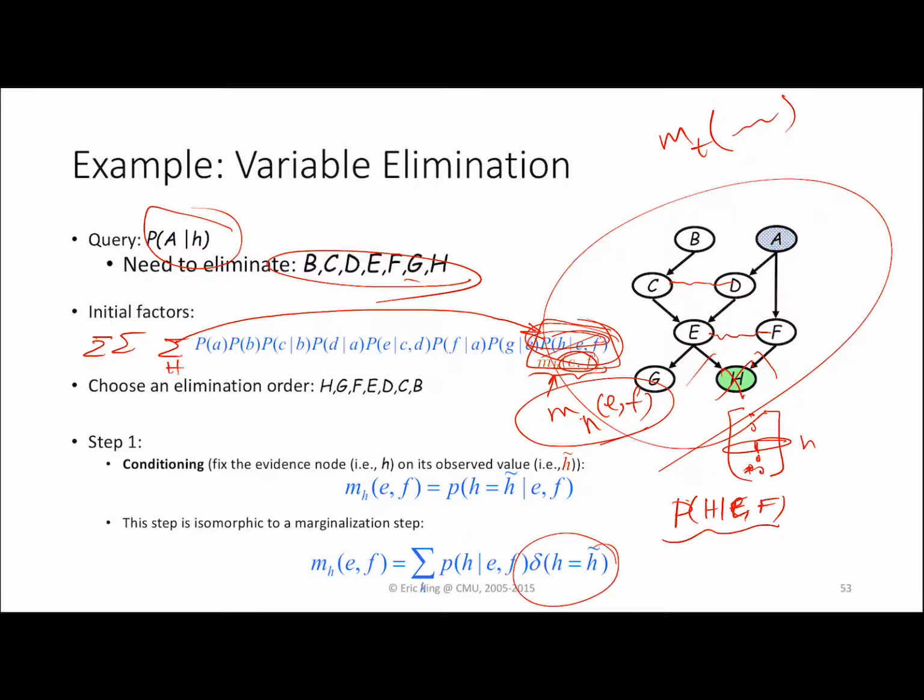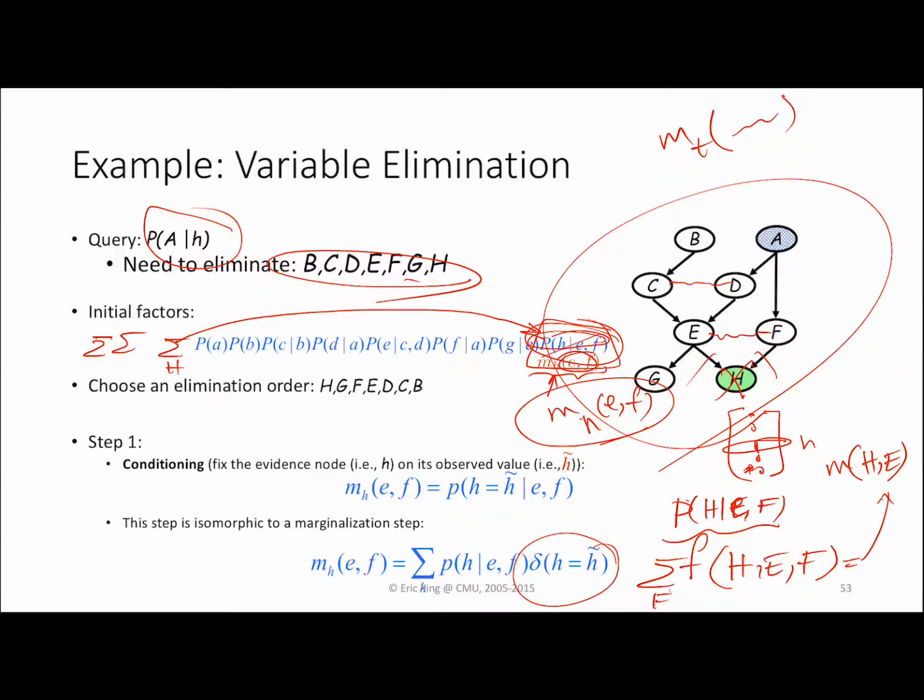It's just a function of H, E, and F. When you are summing over any of these terms, let's say I sum over F, there is no F after that. F is gone. So the output function becomes something that has H in it and E in it.